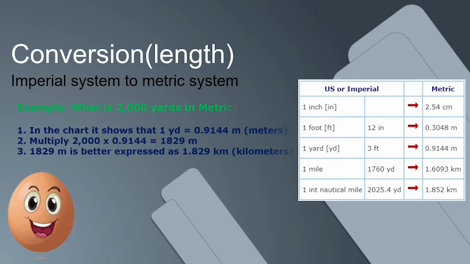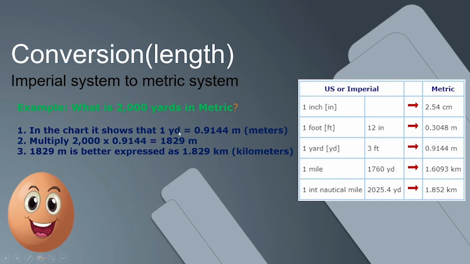Let us understand with an example, students. If there is a question, for example, what is 2000 yards in metric? Because this yards value is already in the imperial system and you have to convert this value into metric. So how are you going to do that?